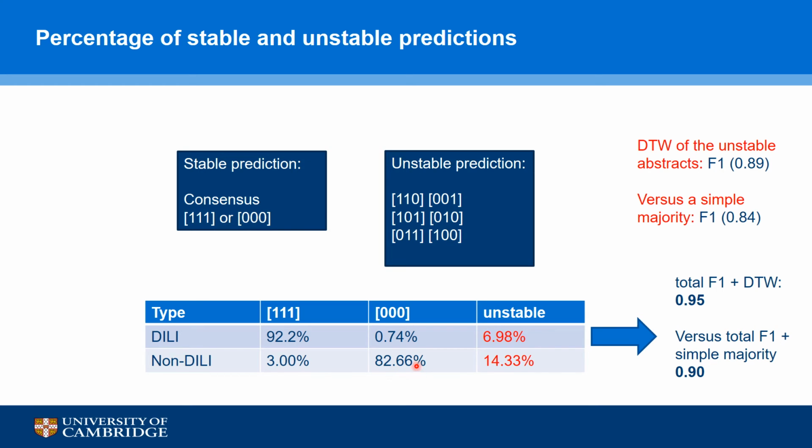But when you consider the unstable predictions, you get, in the case of non-DILI abstracts, 14.33%, whereas DILI abstracts had 6.98%.